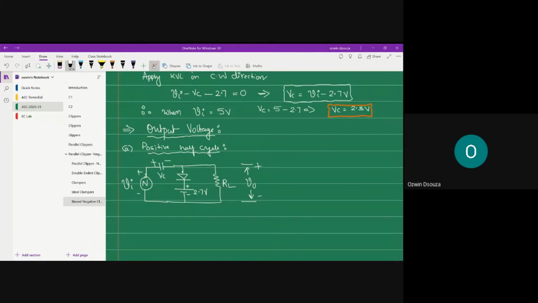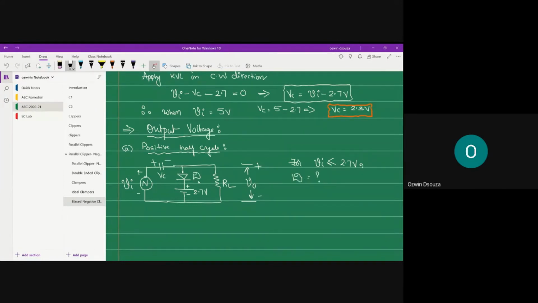So in the positive half cycle, you can clearly observe that for VI less than or equal to the threshold value, that is 2.7 volts, what happens to diode conduction?